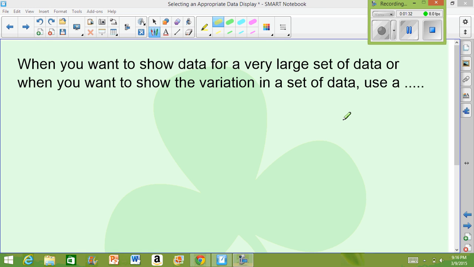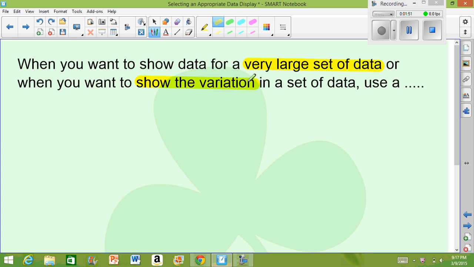Our next type of data that we are going to display is when we want to show data for a very large set of data. If we have a large set, it means a lot of numbers, or when we want to show variation, how our data is changing from the smallest to the largest, then we are going to use the following type of display.